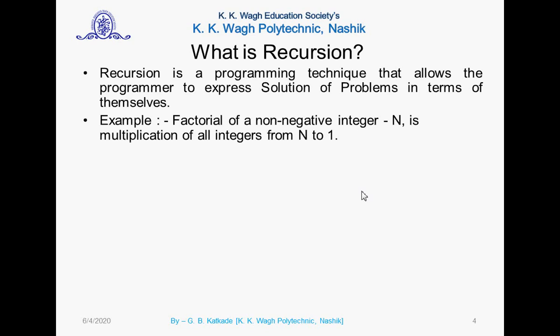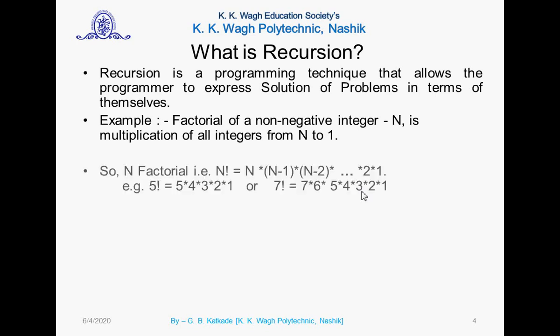Let us see how it can be interpreted. We know that the factorial of a number is calculated by the multiplication of all the numbers from 1 to n for n factorial.